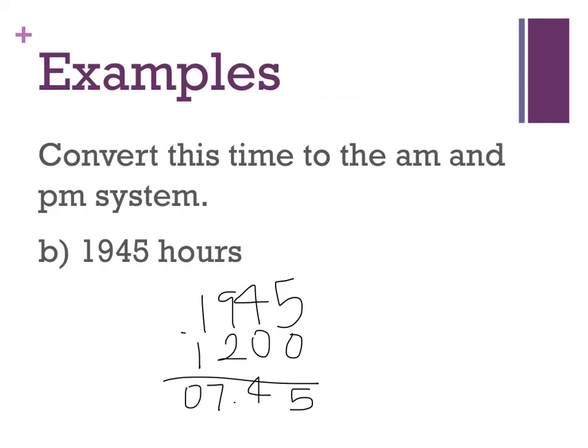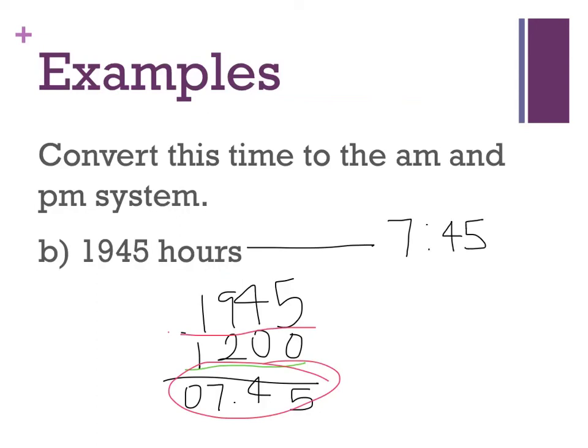So I know midday is where I judge it from, and that's 1200. 1945 is what I'm trying to convert, which means that in the AM/PM system, if I say 1945, I also mean 7:45 PM. And that's it, guys. That's converting minutes and seconds and months, and also changing time systems.